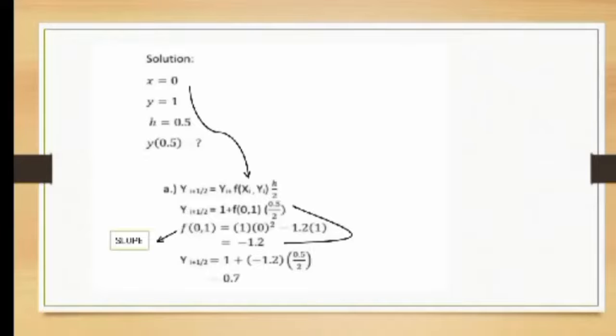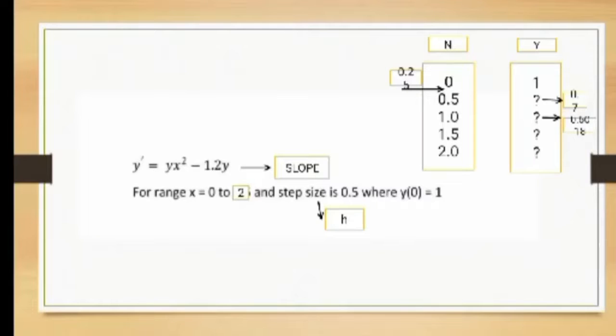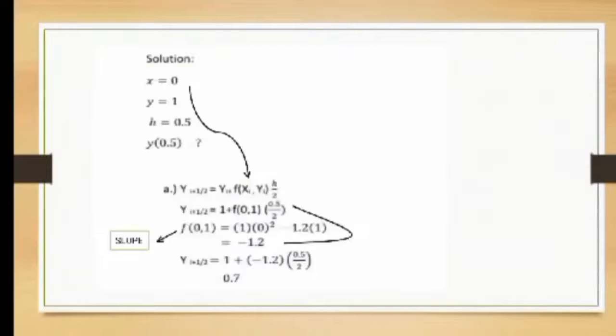So earlier, I got that already, and I will distribute the value. This negative 1.2, I will distribute into f of 0, 1. So yi plus 1 half equals 1 plus negative 1.2 times 0.5 over 2 equals 0.7.